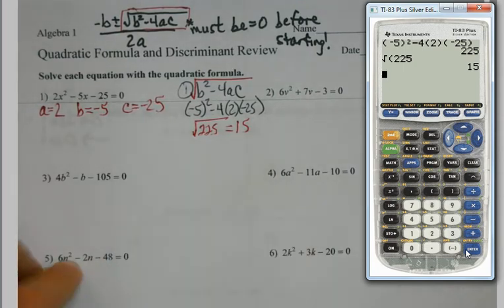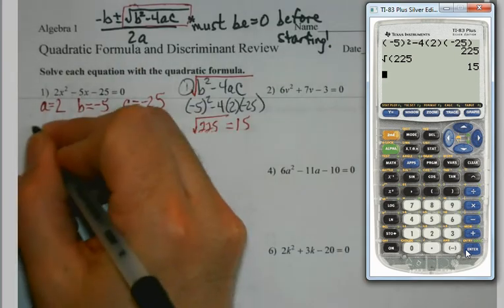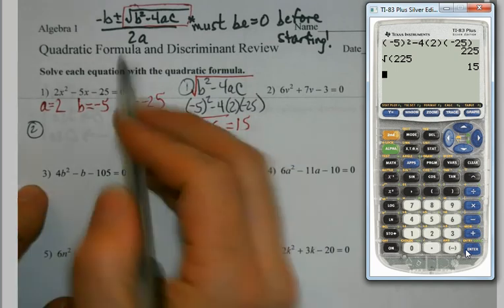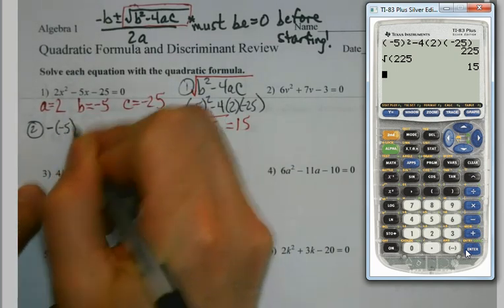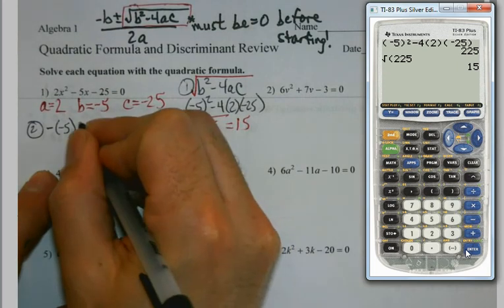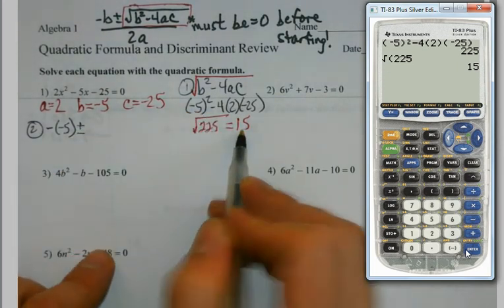Because now what I can do, once I've got that, is come back up to here and go, okay, so I'm going to have negative b, which will end up being positive 5, plus or minus the square root that I just got.